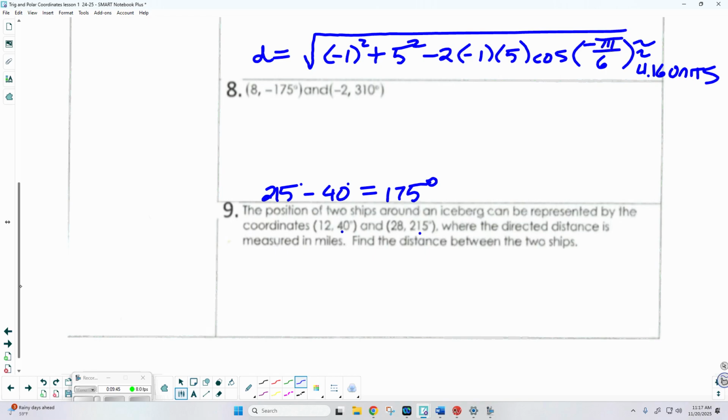In fact, this is a good opportunity to spiral back in that conversion. What am I going to multiply 175 degrees by to get radians? Does anybody remember? It's been a while. Pi over 180. There you go. Absolutely right.